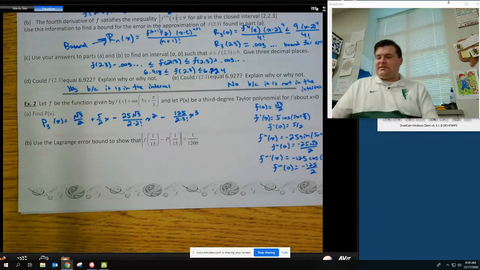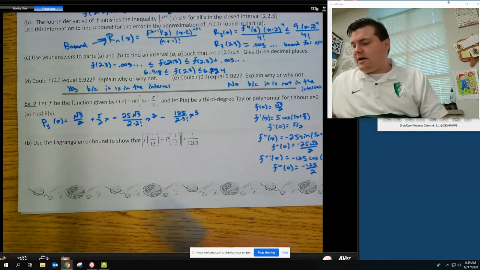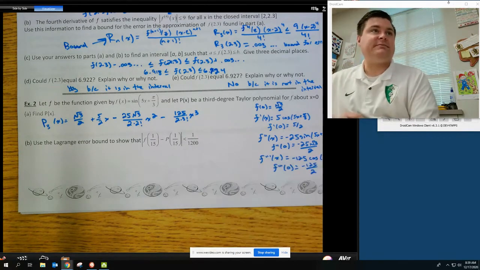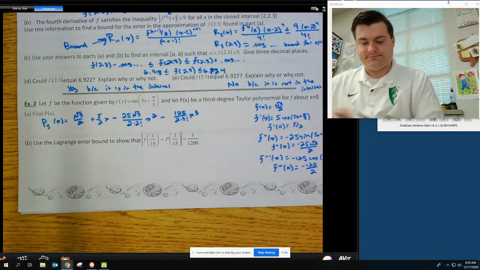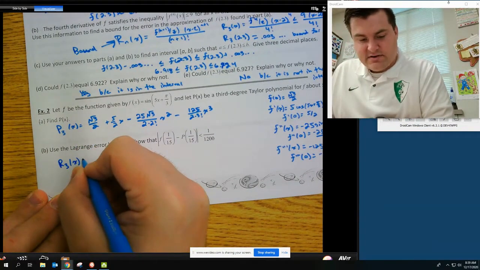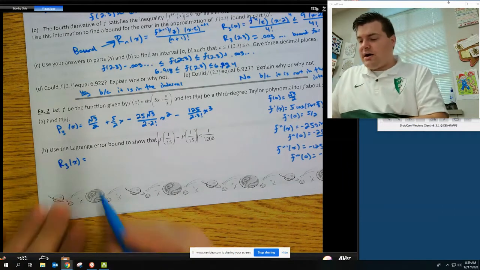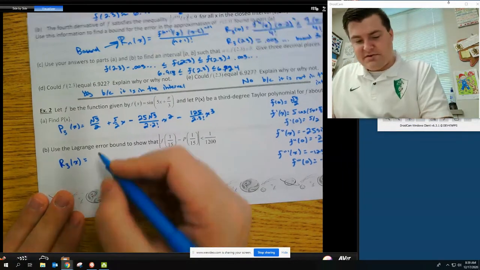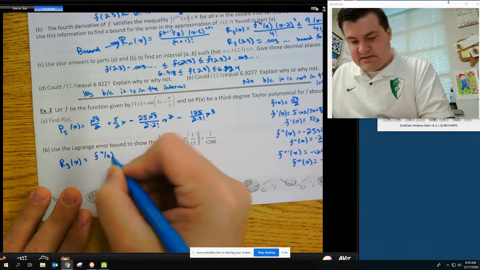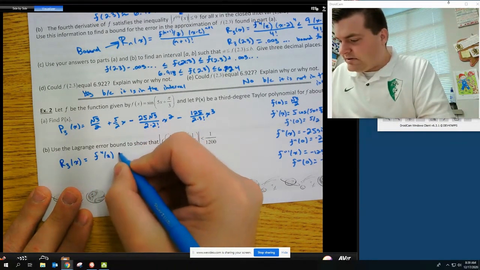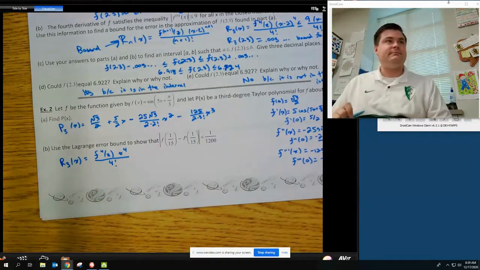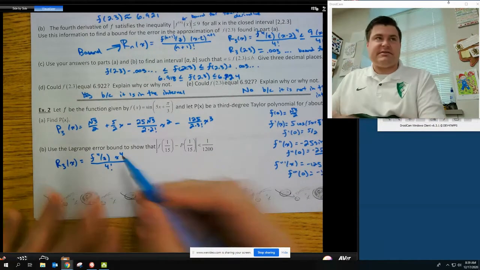This one just comes right out and says to use the Lagrange error bound to show that this has to be less than 1 over 1200 at 1/15. So let's go ahead and find our value here. The error bound here is going to be the fourth derivative at z, x to the fourth, all over 4 factorial, because c is 0.